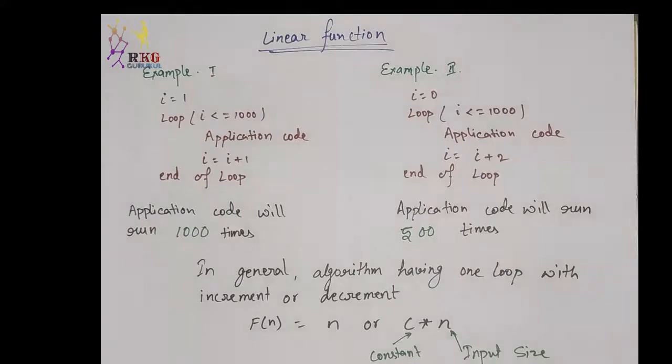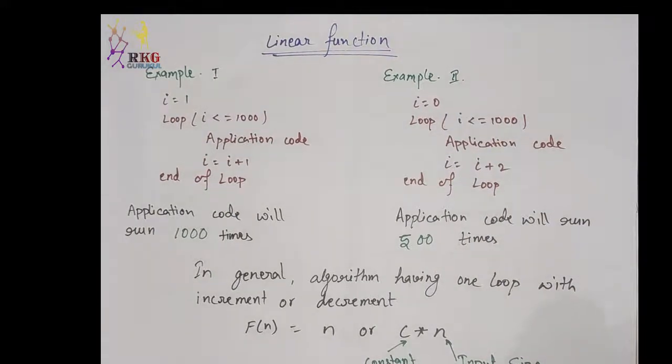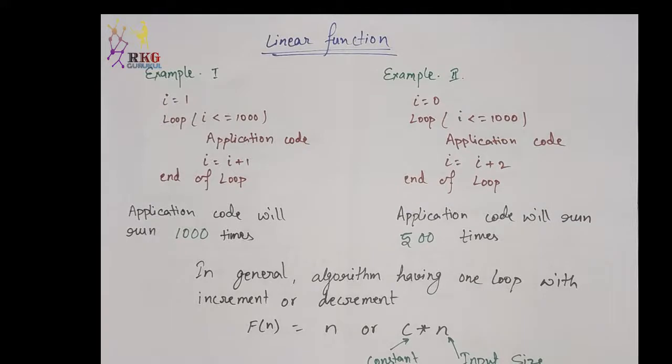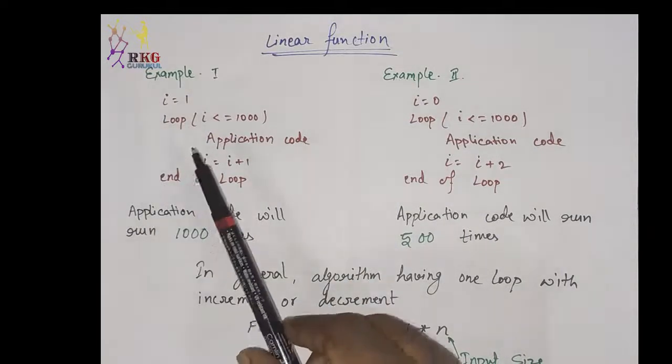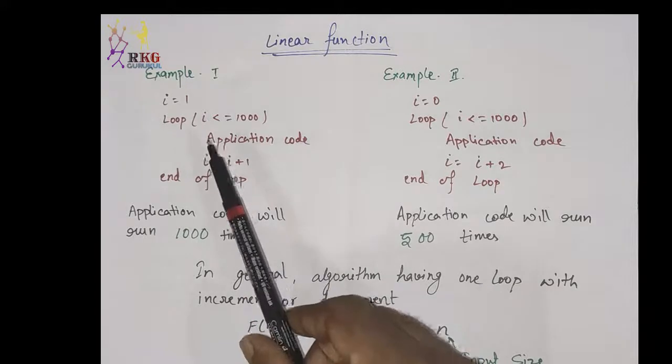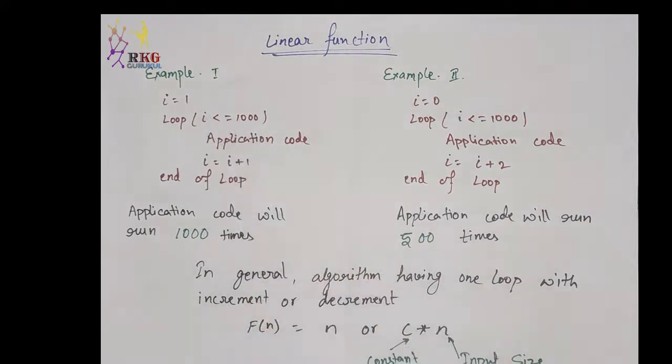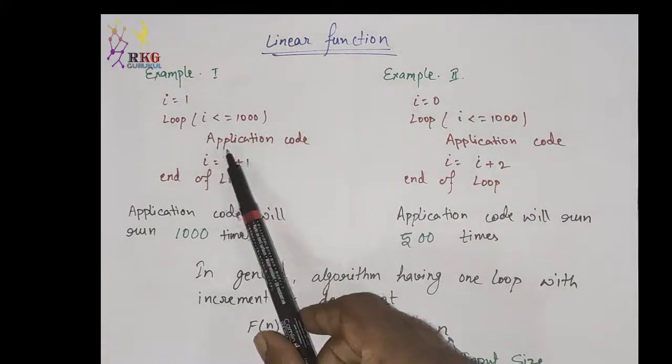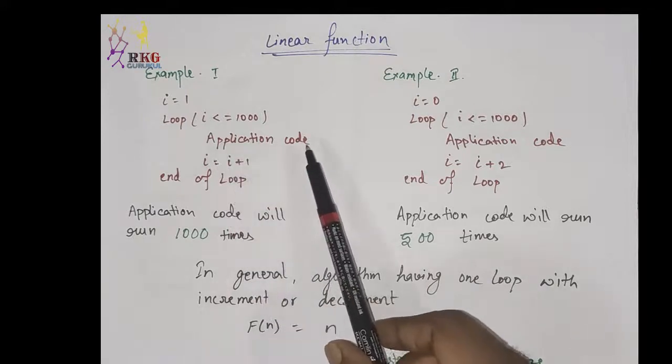So let's understand with the help of some examples. In this first example, I have taken a control variable I that is equal to 1, and a loop which is going to execute till I is less than or equal to 1000.